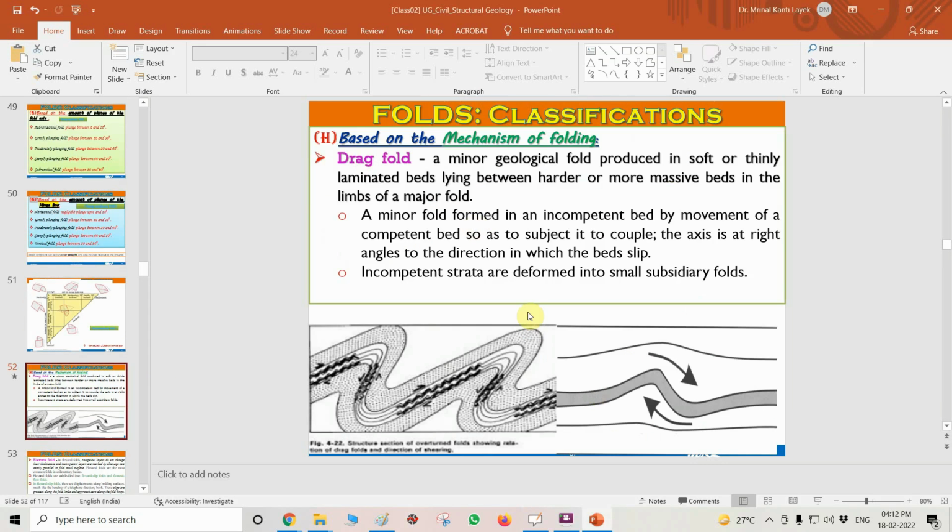Now, based on the mechanism of folding, the fold can be classified into mainly three types. First one is the drag fold.